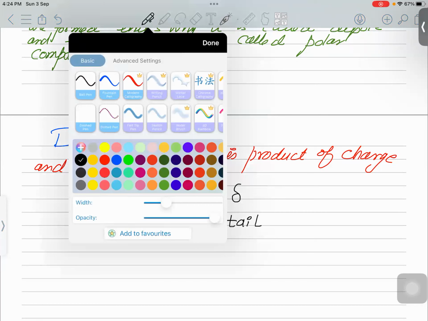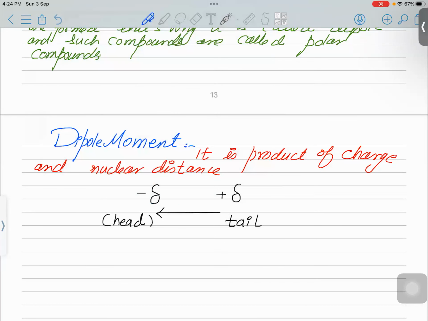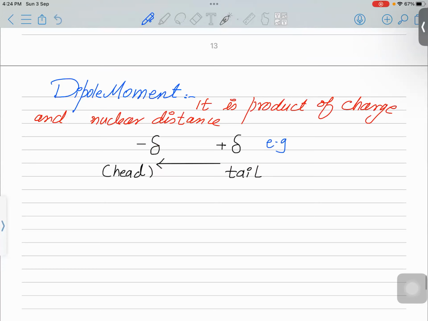For example, if you have HCl, it has positive delta and negative delta, and the direction is from positive to negative. This indicates the movement of the bond pair.